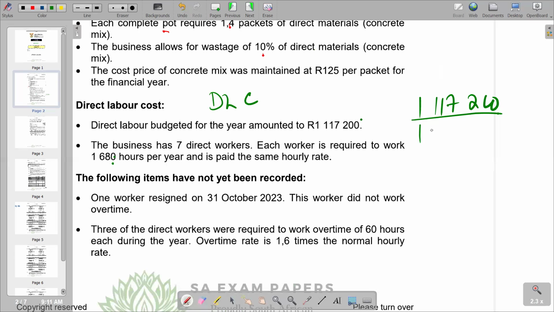So our denominator is going to be 1,680 times 7. Let's multiply 1,680 by 7. We are going to get 11,760. And then we divide 1,170,200 by 11,760.